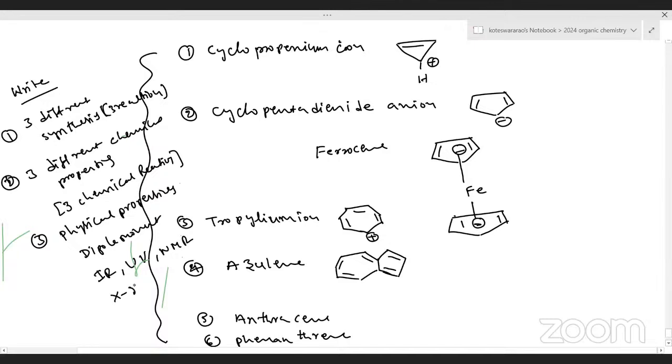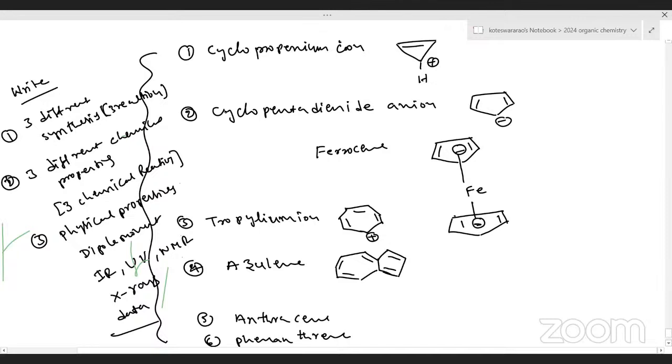X-ray studies data will be given, which you need to read. These 3 plus 3 plus the physical properties. You have 6 molecules, so 6 into 6, 36 reactions and 6 molecules with physical properties that you need to prepare for the examination.